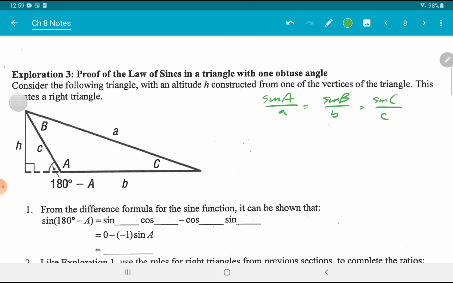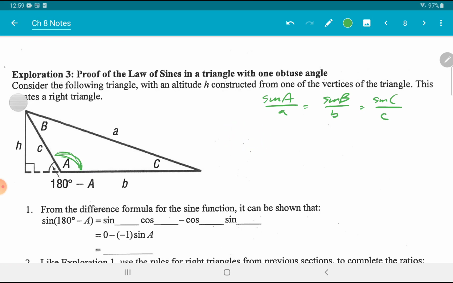Now, why does this hold true? Well, if you think about the sine of A, remember that sine is opposite over hypotenuse, but in this case, we don't really have an opposite, or hypotenuse rather, that you can use because there's not a right triangle there.